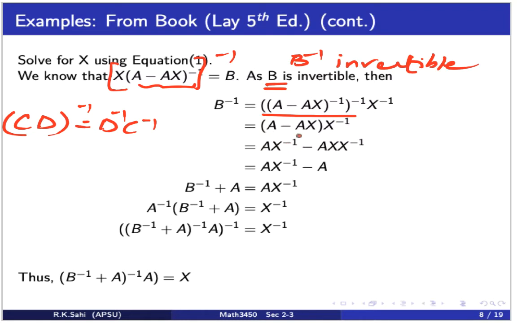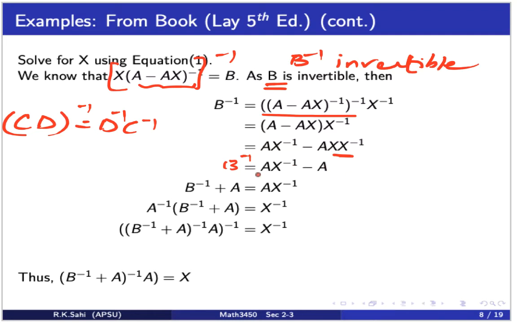So we will have AX inverse minus AXX inverse. Now remember, X is invertible, so this is identity, and we get A times I, which is A. Notice, this is B inverse, equals AX inverse minus A.